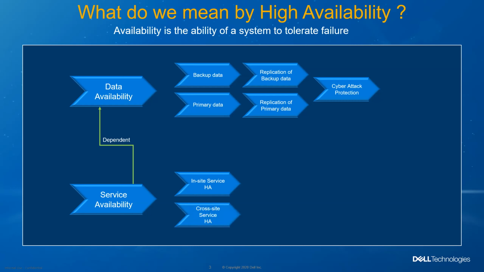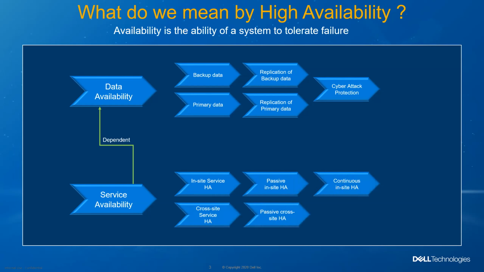And in each mode, it can be either passive or indeed continuous and active. So sometimes continuous availability is referred to as active-active, and passive could be active-passive. And we'll look at what these modes mean in more detail.